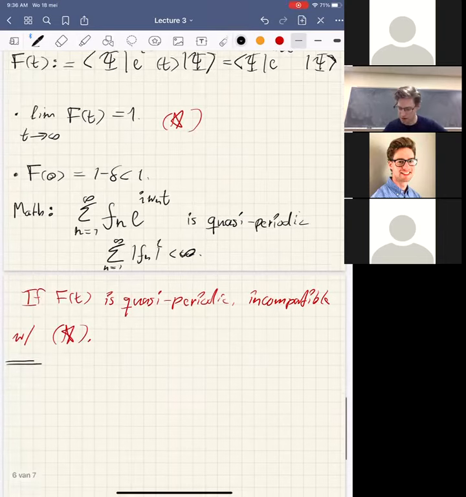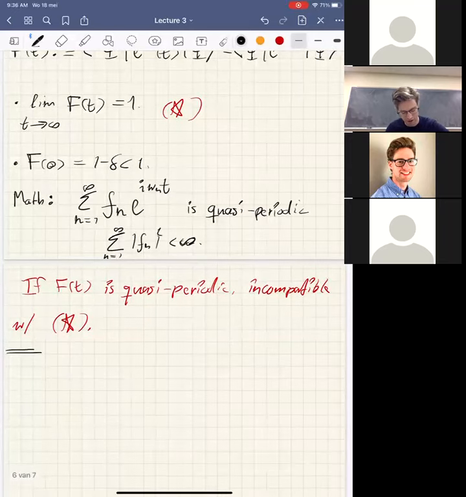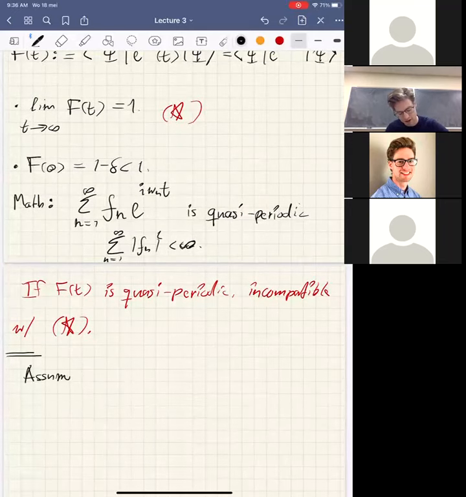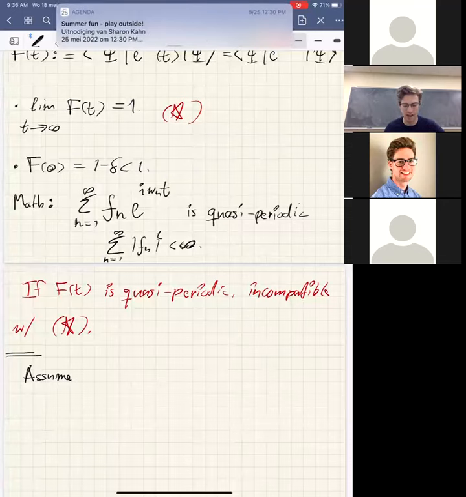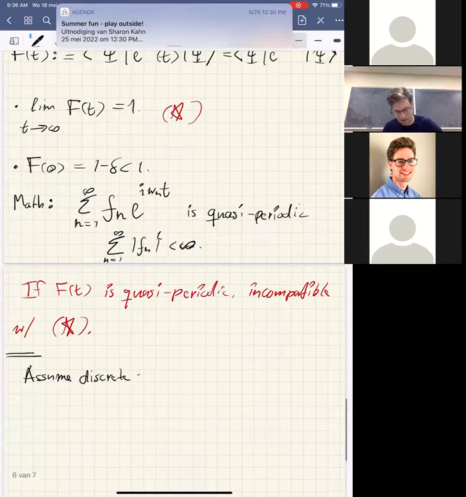Okay, so what we now will assume is that the state psi that we're looking at has a discrete spectrum of energy eigenstates. If that's the case, then we can write this function f of t as follows.